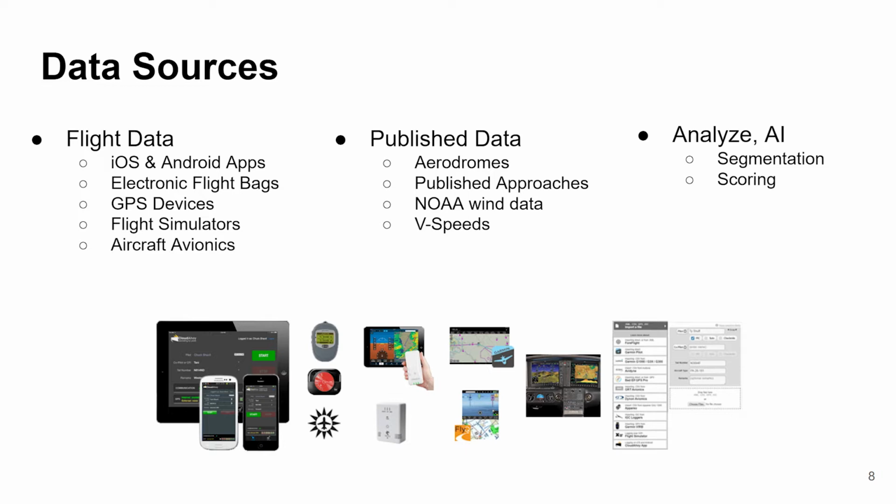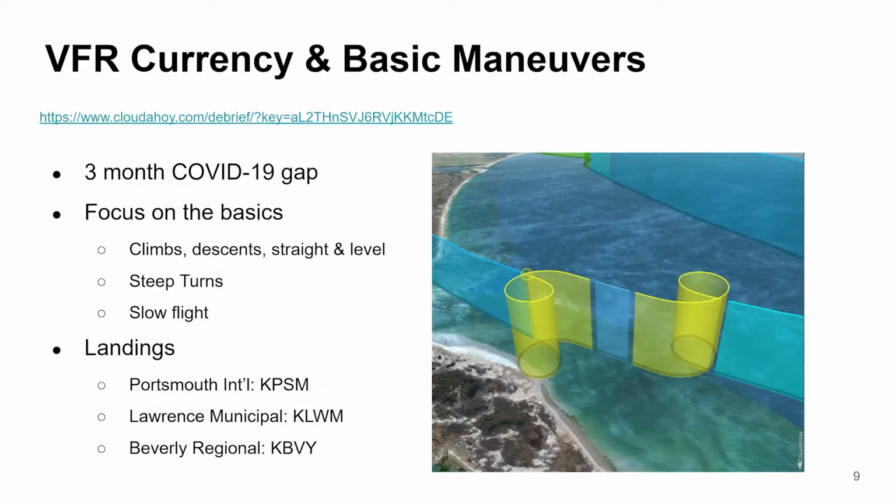We take this flight data and combine it with several published sources, including information about aerodromes, published approaches, wind data from NOAA, and aircraft V-speeds. All of this is combined and run through our powerful analyzer, which automatically segments a flight and provides objective scoring for many maneuvers.